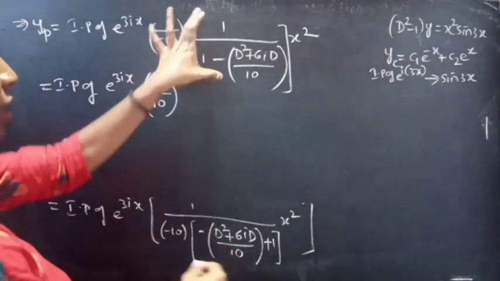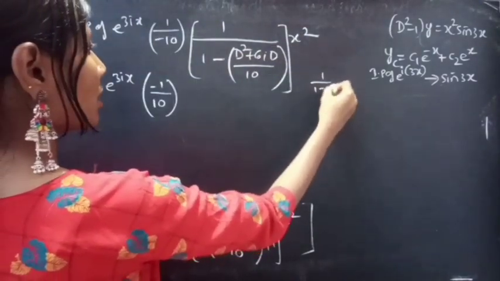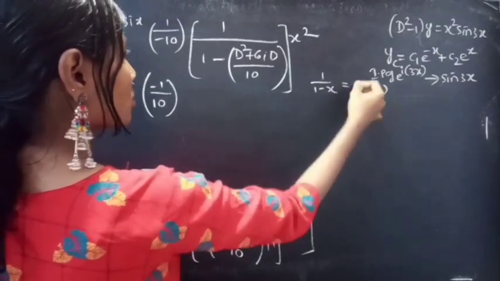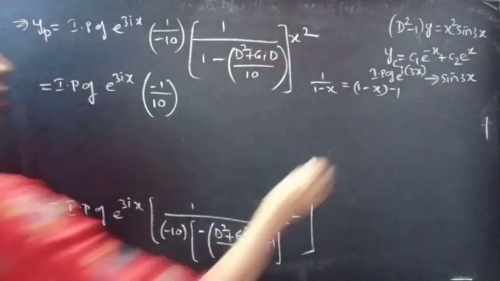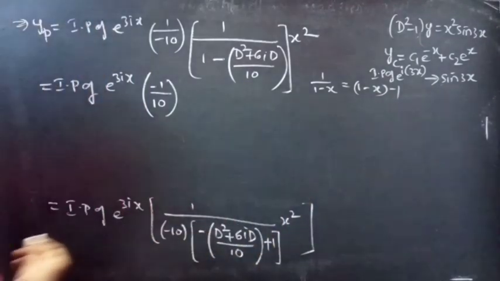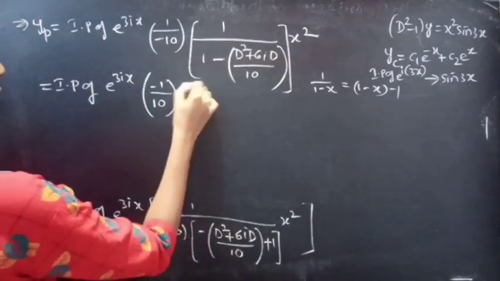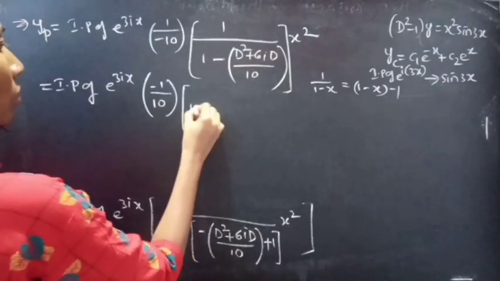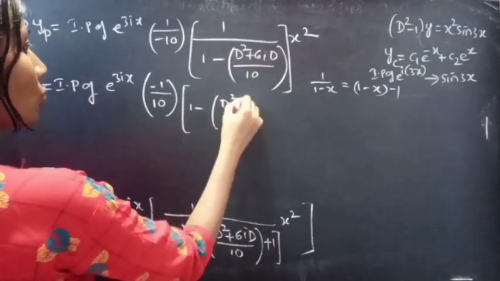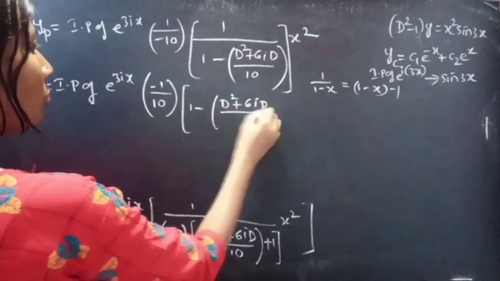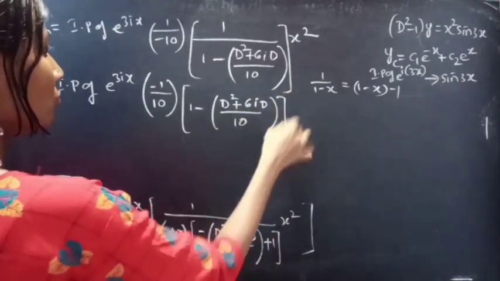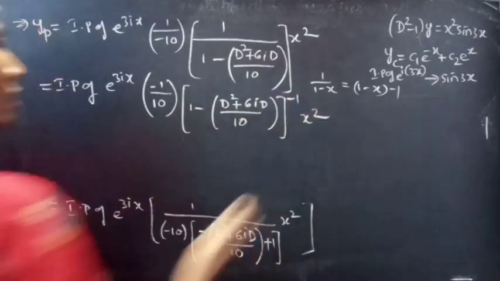and write this fraction as, see, this fraction is of the form 1 by 1 minus x, so we can write it as (1 minus x) inverse, right? And later we'll use the binomial series expansion formula to expand this one. So we'll write this fraction as (1 minus (D² + 6iD) by 10) inverse into x².